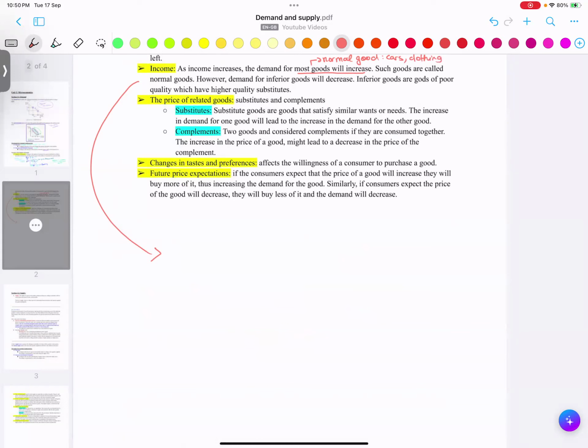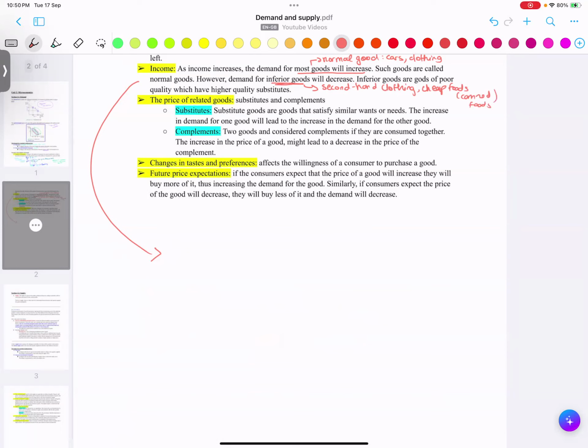But the demand for inferior goods will decrease. Inferior goods, what are inferior goods? They are second-hand clothing, let's say cheap foods like canned foods. Okay, so you have all these things.